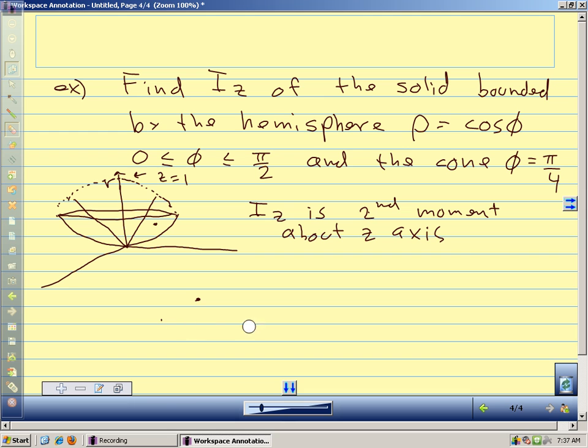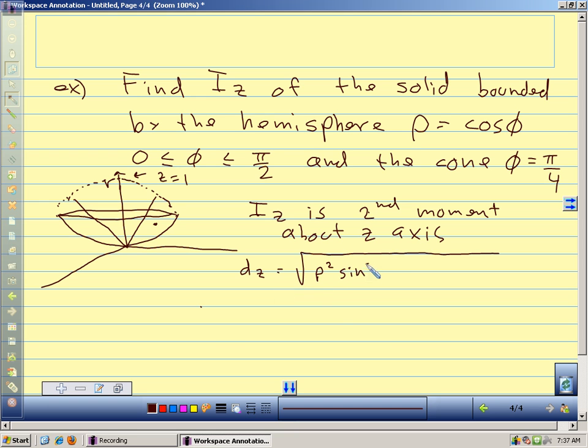So we need to write an expression for the distance from the z-axis. I'll call it d sub z equals the square root of x squared, which is rho squared sine squared phi cosine squared theta, plus y squared, which is rho squared sine squared phi sine squared theta.